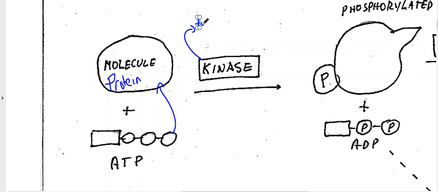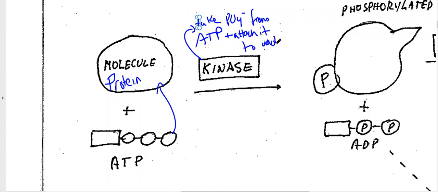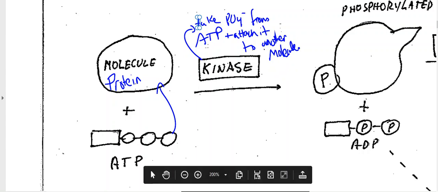It's going to take a phosphate group from ATP and attach it to another molecule, whatever that molecule is. That's what kinases do.